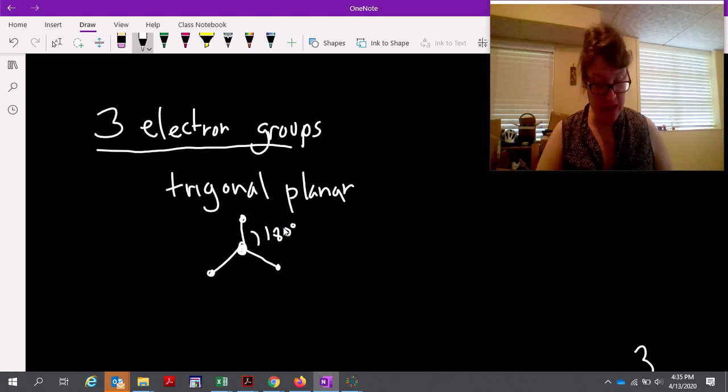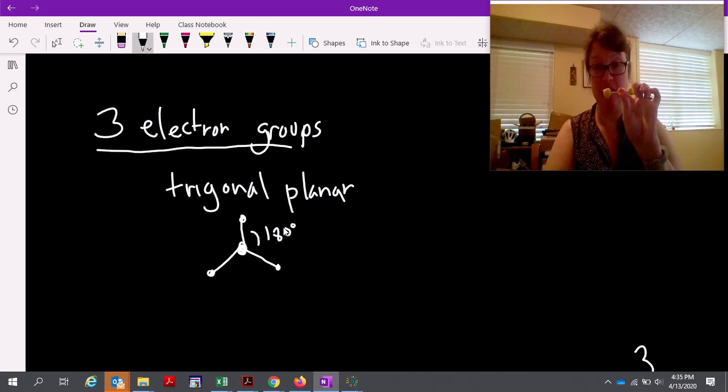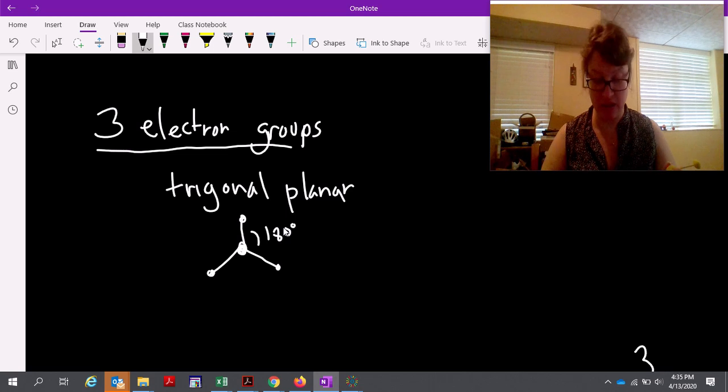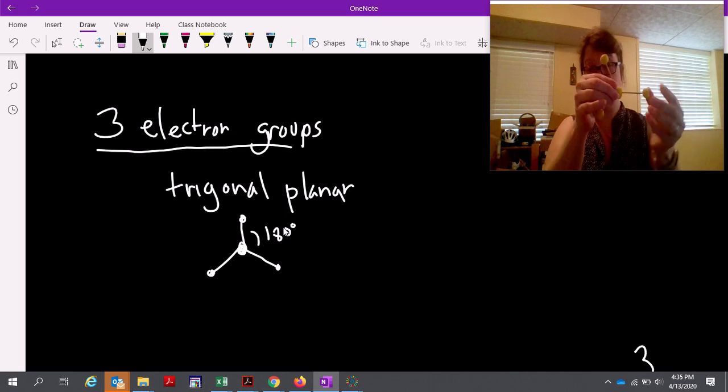We can also look at it with our little toothpicks. And now instead of 2 groups, I can take my linear, and I have a 3rd group here. I have a 3rd toothpick coming along. And now I have 3 groups, and they are moving around this central atom, and their goal is to try to get as far away from each other as possible.